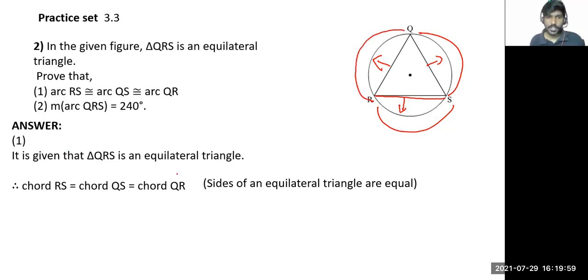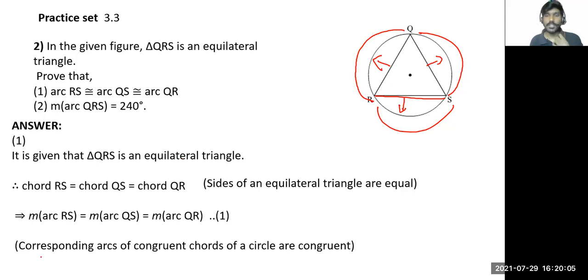Since all three chords are equal, their arcs are also equal. The statement of the theorem: corresponding arcs of congruent chords are congruent. Therefore, arc RS equals arc QS equals arc QR. With this we did the first proof.